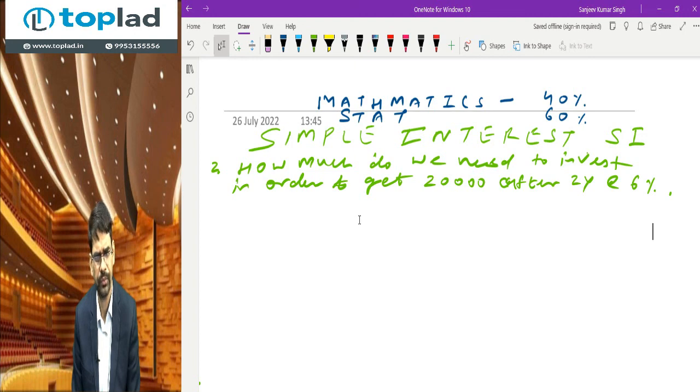Take sufficient time. Ultimately you get 2 marks. If you do it hurriedly, there might be a chance to get a wrong answer. Always try to get a correct answer.